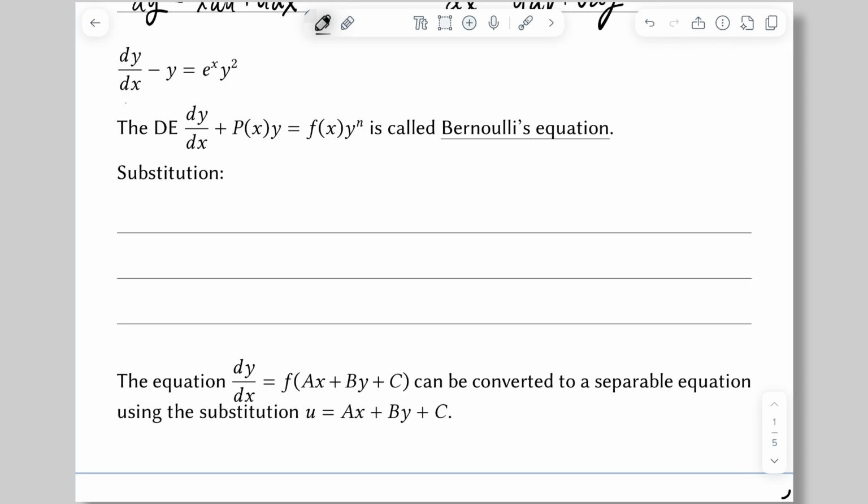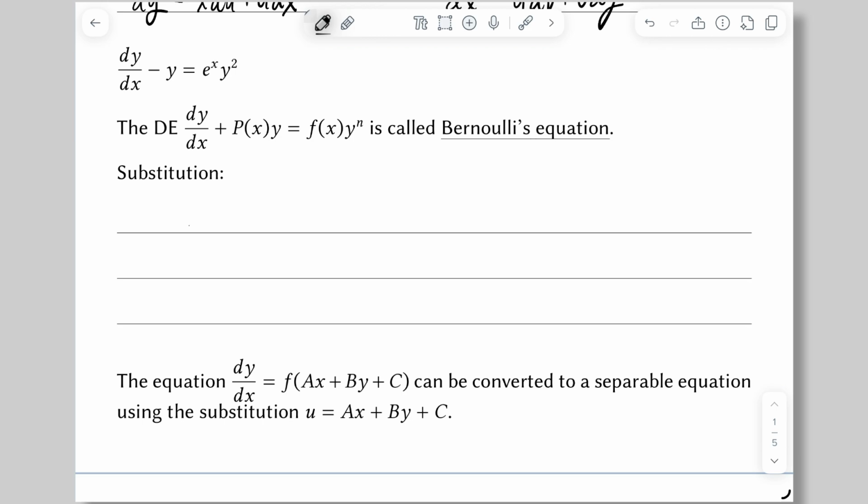We're looking at dy dx minus y is equal to e to the x times y squared. We can see that it looks linear except for the y squared term. An equation that looks linear, dy dx plus p of x times y equals f of x times y to the n, except for a power of y, is called Bernoulli's equation.